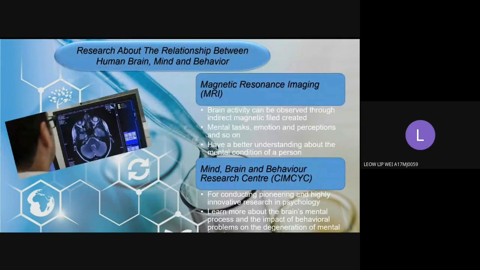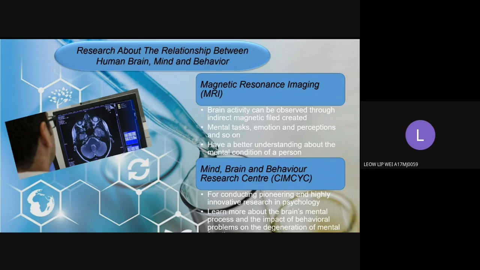So how can we study the relationship between the human brain, mind, and behavior? First, we're going to talk about research using magnetic resonance imaging (MRI), which is one of the neuroimaging techniques nowadays.